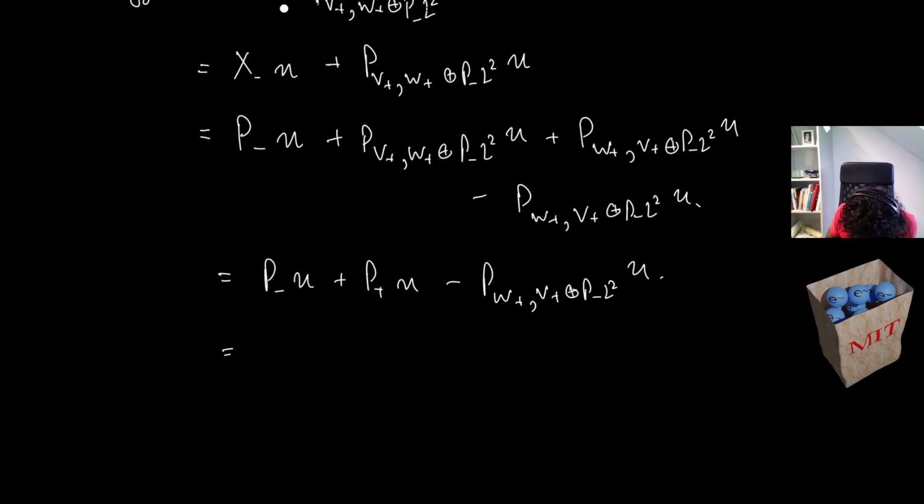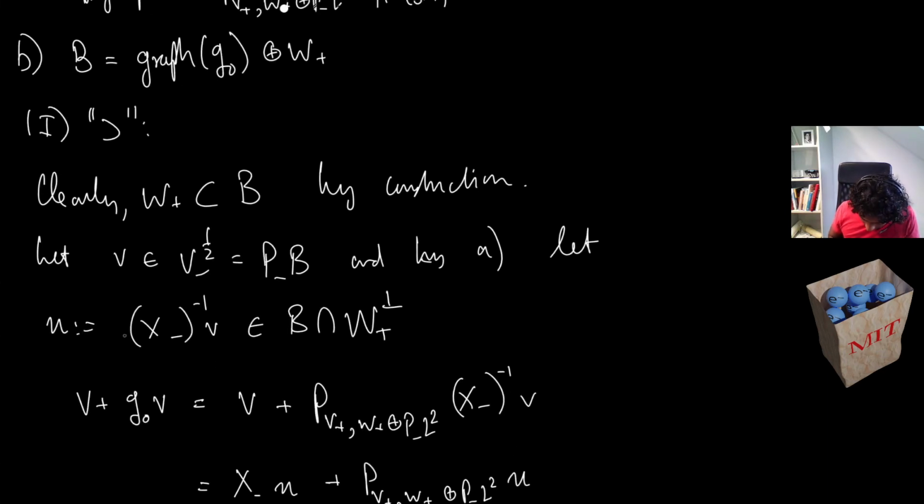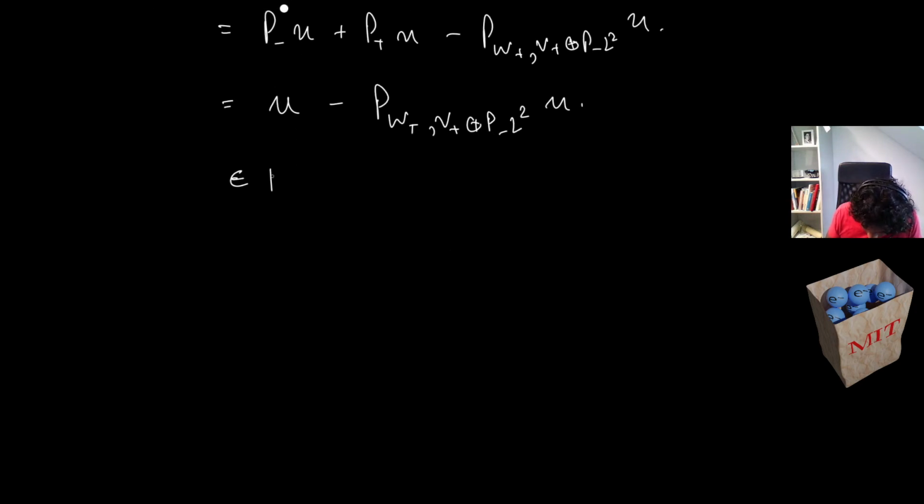So we have U minus PW plus V plus P minus L2 of U. Okay. So U is now going to be in B intersect W plus perp. So we have this being in B intersect W plus perp plus W plus, and that's clearly in B.